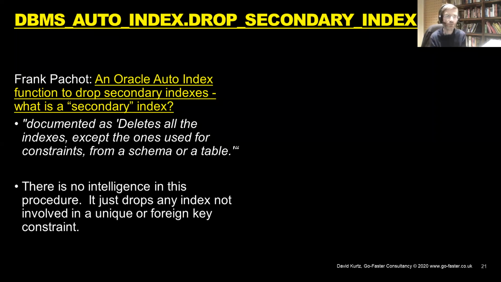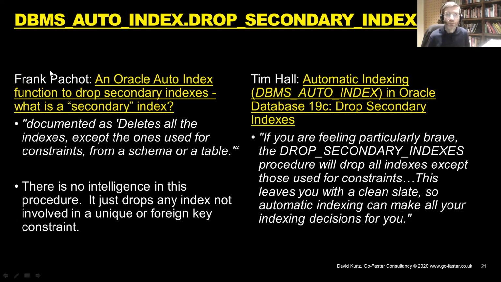It just goes through and says, this index is not involved in a constraint, I'll drop it, end. I'll quote Tim Hall. If you're feeling particularly brave, you can do this. But if you do it, you'll get a clean slate so that automatic indexing can start building the indexes again for you. I think that's very courageous. I really do.